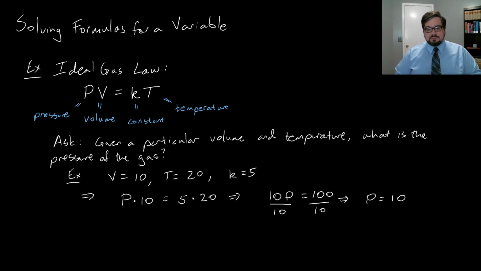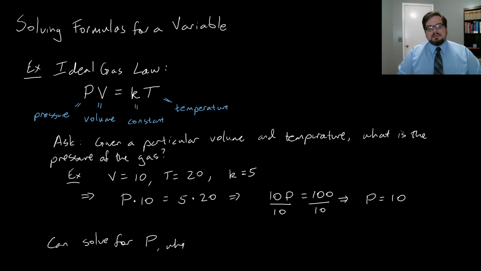Rather than going through this process of solving for P every single time, what we can do instead to make things easier on ourselves is we can solve for one of the variables in the equation. So we can solve for P instead of going through this process every single time we come up with a new volume and temperature.